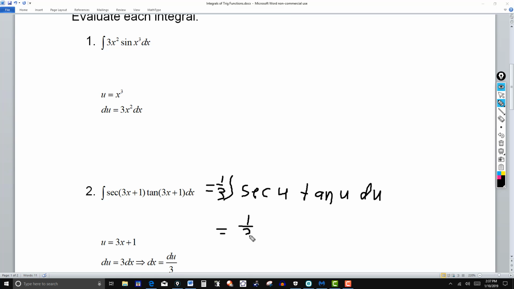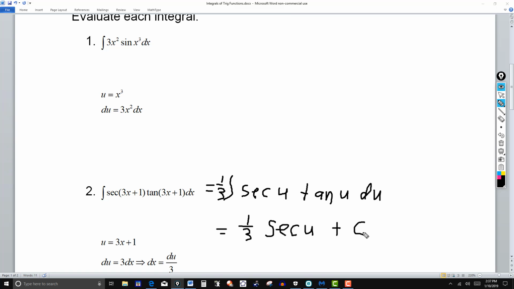So this is just going to be secant u plus a constant.